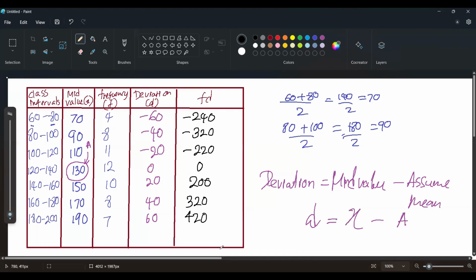You can cancel plus 320 and minus 320 if you want. Normally, I will go with the normal method. Sometimes you can be confused.